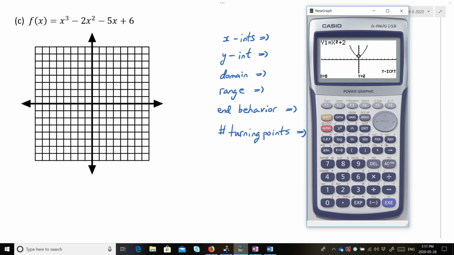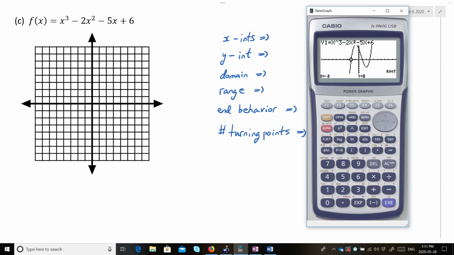Okay, so let's graph this. I'm going to go exit, go up there, go delete, yes. Now we have to do x to the power of 3 minus 2x squared minus 5x plus 6, execute and draw. Perfect. Let's do root.